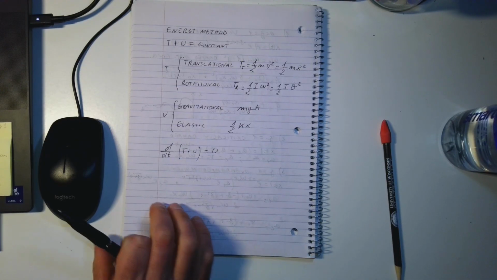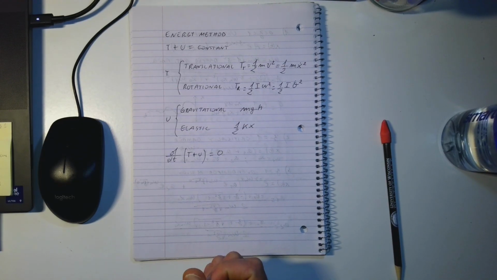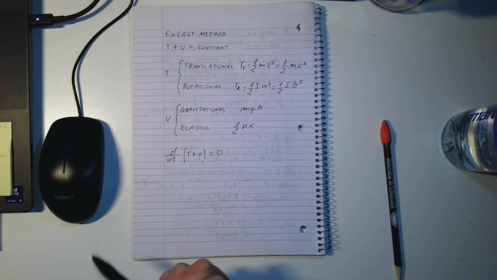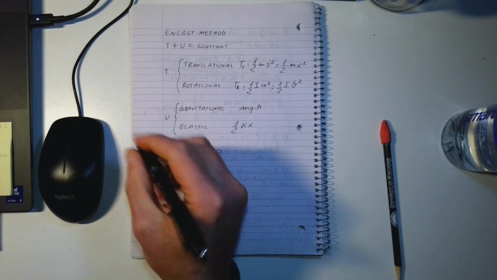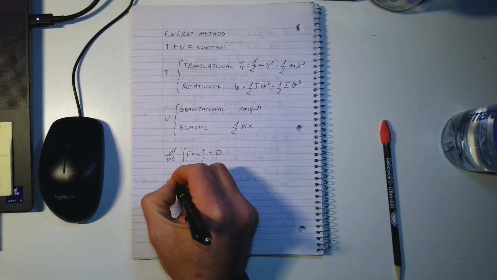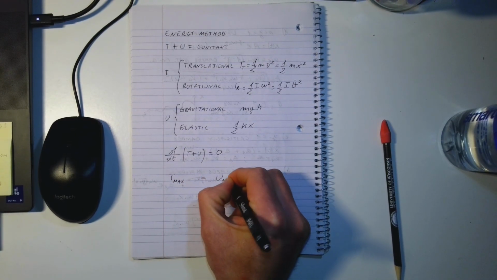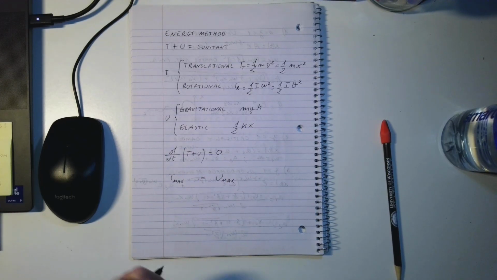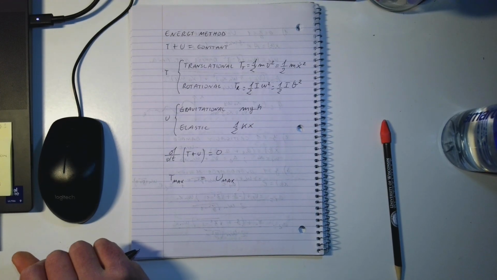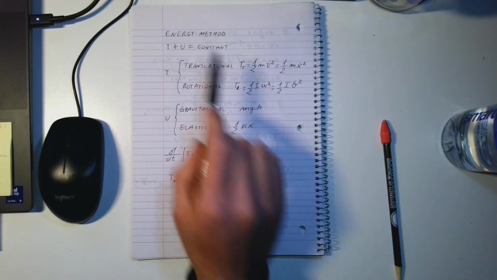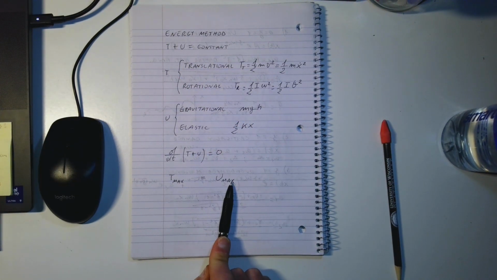We can also use the principle of conservation of energy in a slightly different way, because we can use T max equal to U max. If you remember a couple of lectures ago, we worked through this one to obtain this expression here.